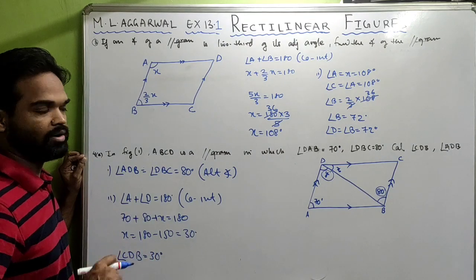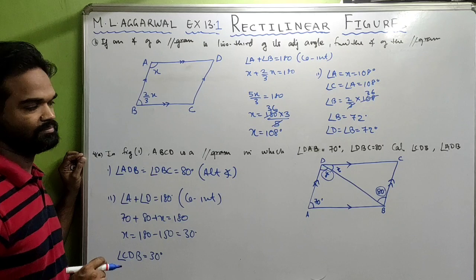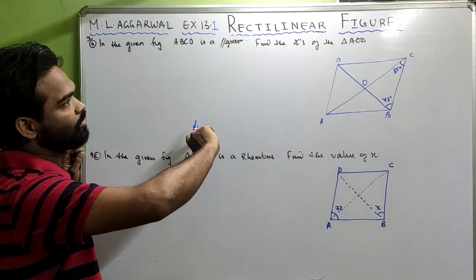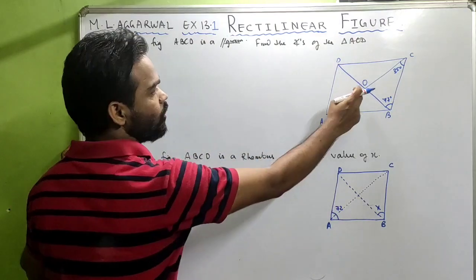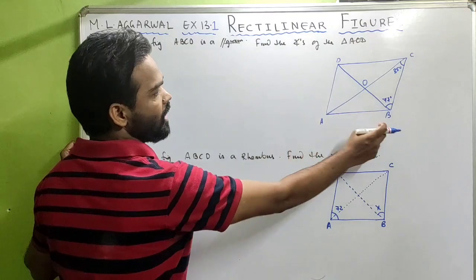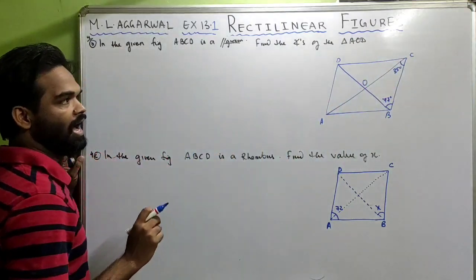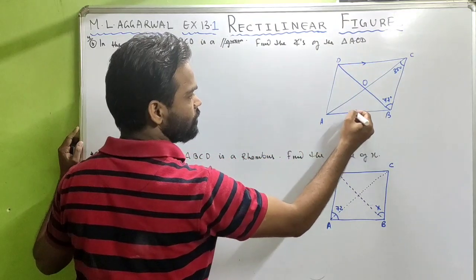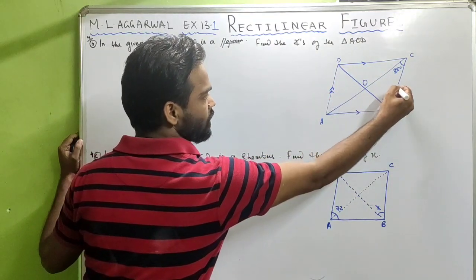Okay. Now let us look at the next sum. Now look at sum number 4, part B. In the given figure, ABCD is a parallelogram. Find the angles of the triangle AOD. They've given angle DBC as 77 and BCA as 35 degrees. Now look carefully. It's a parallelogram, so opposite sides are equal and parallel.